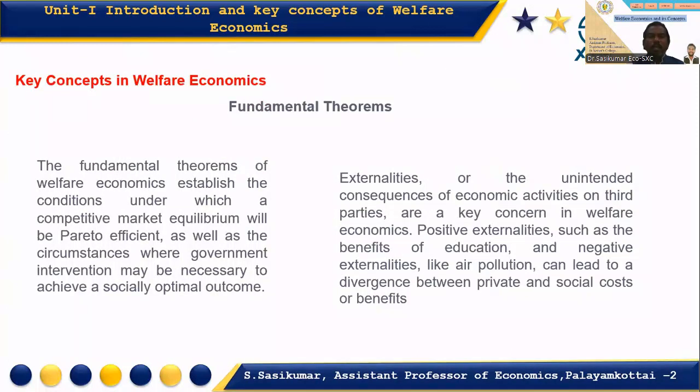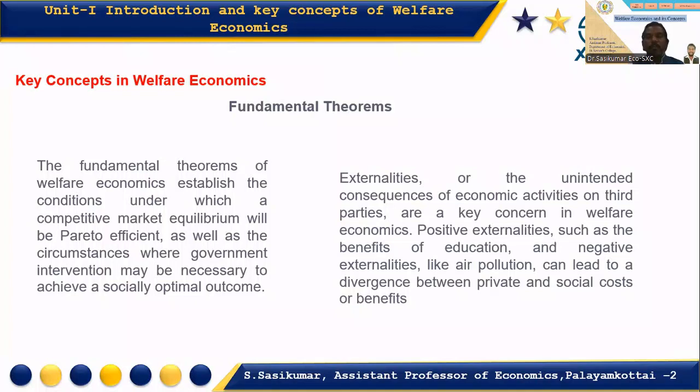There are two fundamental concepts in welfare economics. One is Pareto efficiency, another one is externalities. Pareto efficiency focuses on establishing the conditions in the market for the optimum allocation of resources.